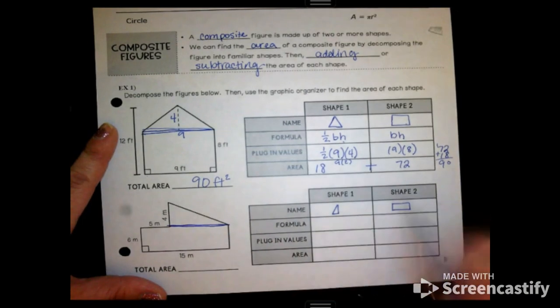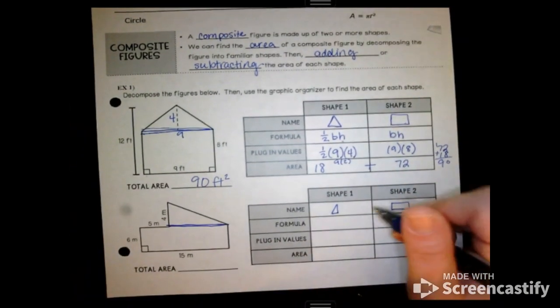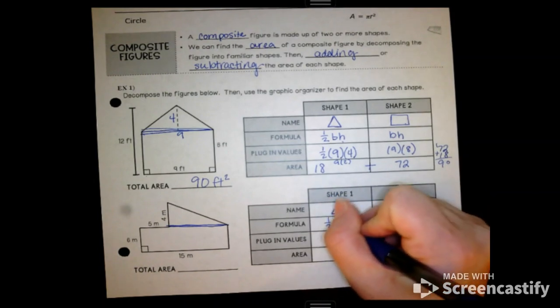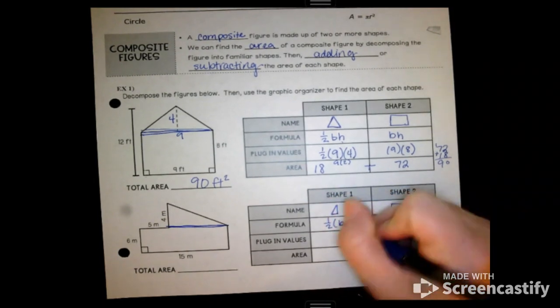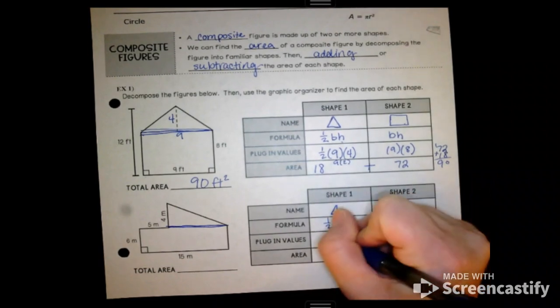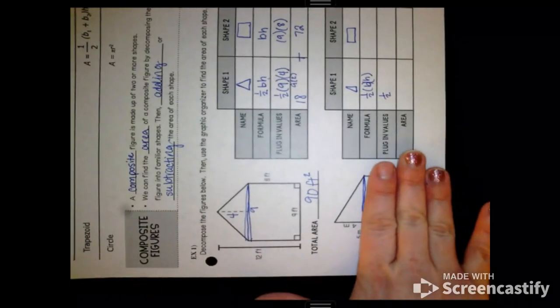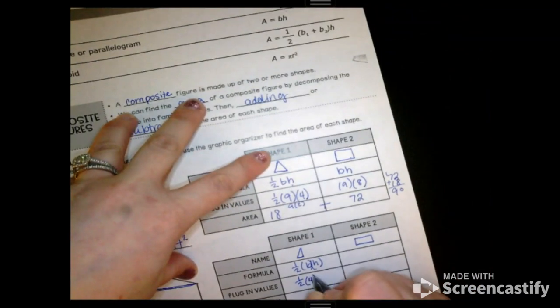Okay? So my formula for a triangle is what? 1/2 base times height. All right, what is my base of my triangle? Okay, no, remember, I'm looking at my triangle like this, right? What is the base? 4. What is my height?